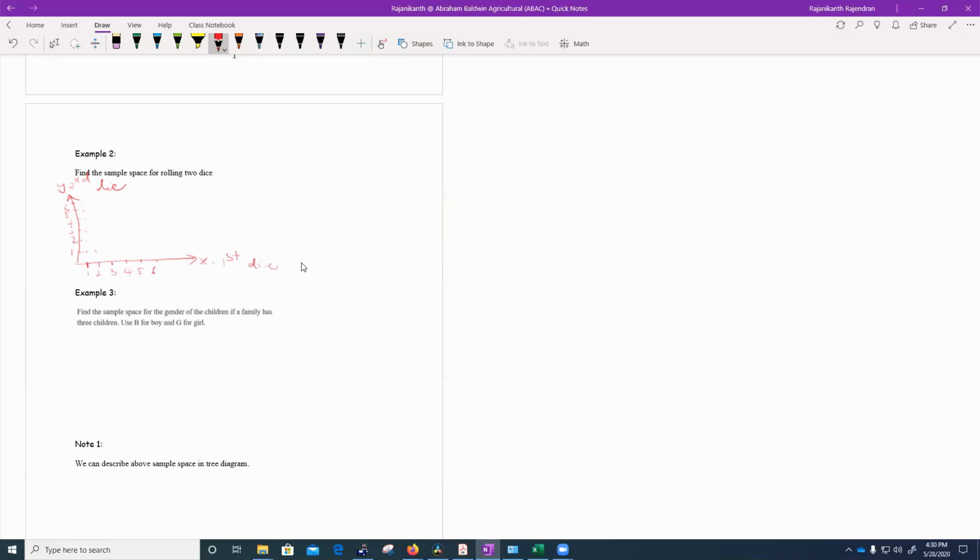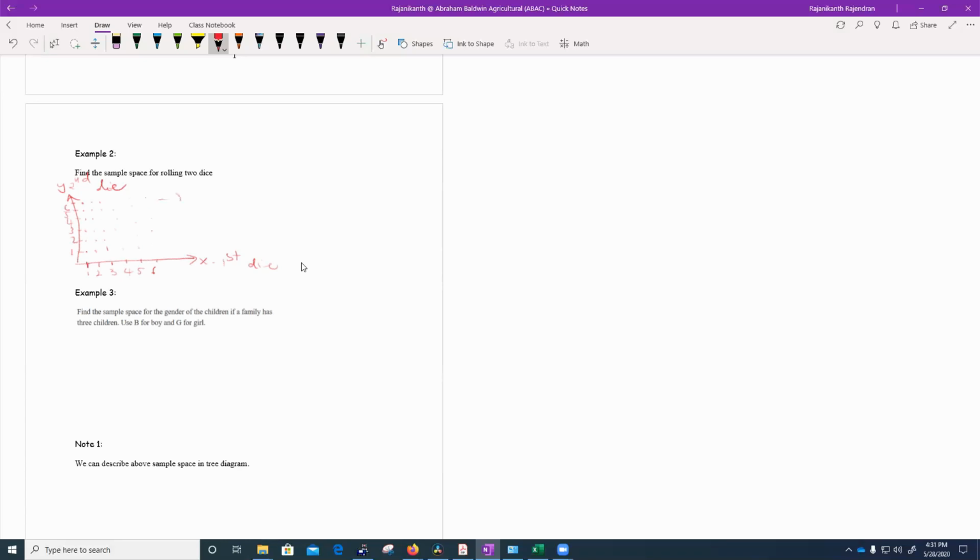So you could find all the possible points with these six by six possible values. How many total points will you get here? You will get 6 times 6, that is, 36 of them. So there are 36 points.